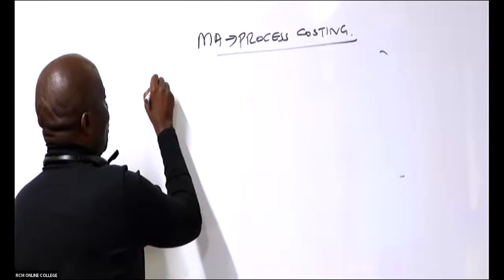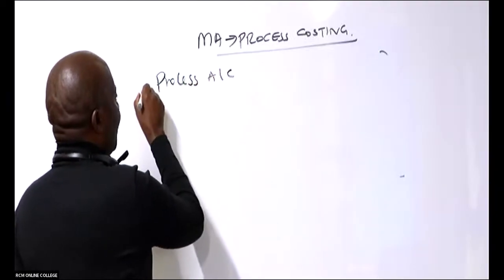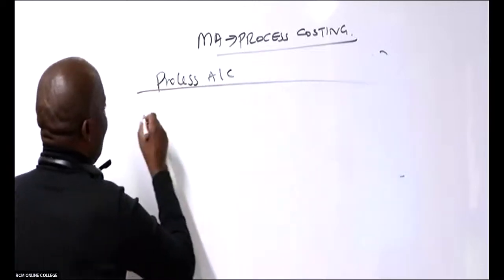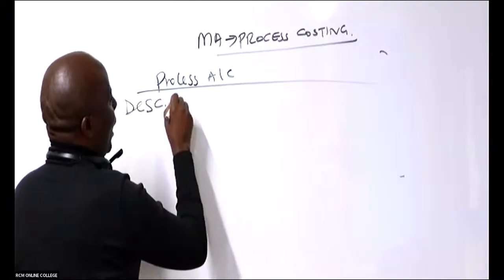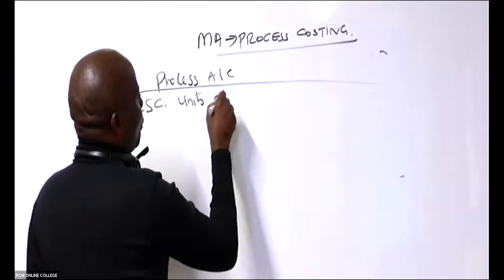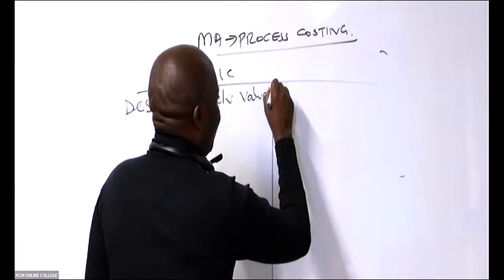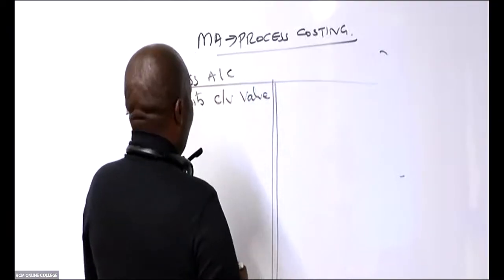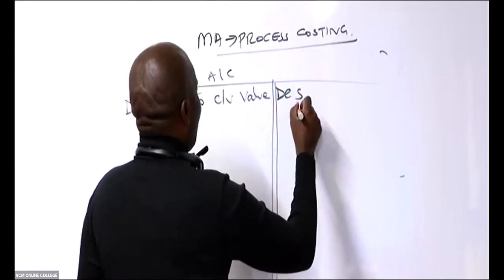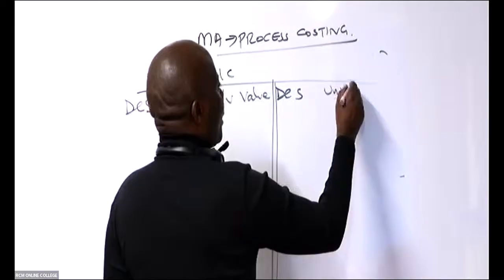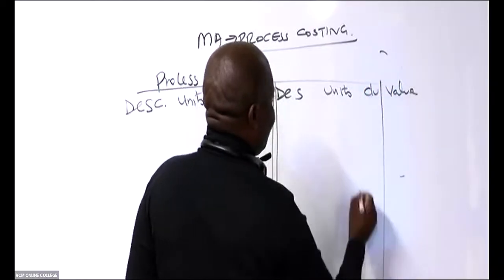We have description, units, cost per unit, and value.